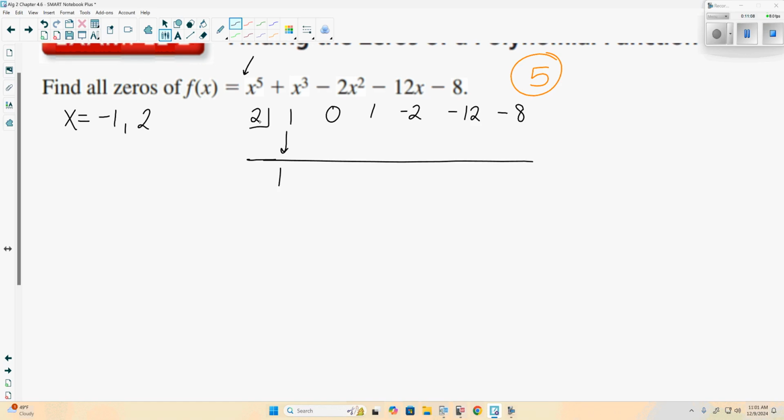So it's going to be 2 times 1, which is 2. 0 plus 2 is 2. 2 times 2 is 4. 1 plus 4 is 5. 2 times 5 is 10. Negative 2 plus 10 is 8.